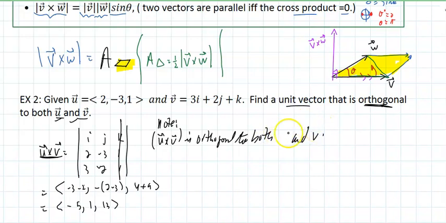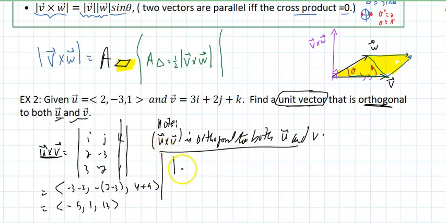That part we found. There's another thing. We want it to be a unit vector. How do you find a unit vector? I'm going to take the magnitude of the cross product. We know how to find the magnitude of a vector. That is negative 5 squared, which is 25, plus 1 squared, which is 1, plus 13 squared, 169.